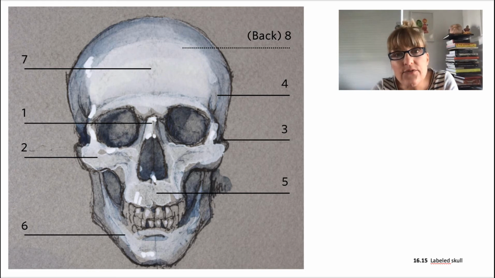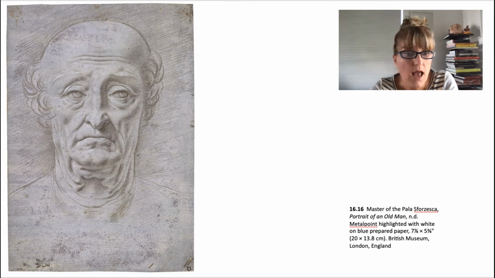So just as in the full figure, when we're studying the facial anatomy, we do start with the skeleton, the structure of the skull, in other words. And then we overlay the muscle and flesh on top of that.